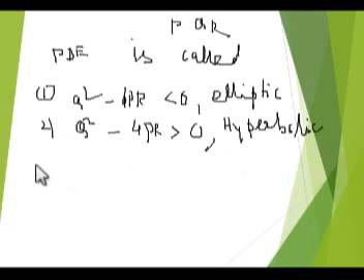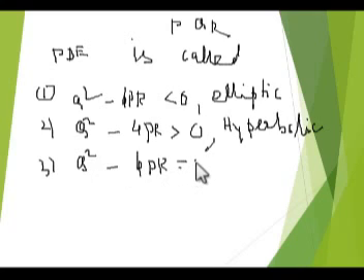And lastly, if Q square minus 4PR is equal to 0, then it will be called parabolic. So based on the conditions, we have to treat the partial differential equation as elliptic, hyperbolic, or parabolic.